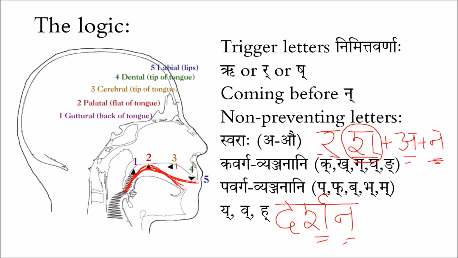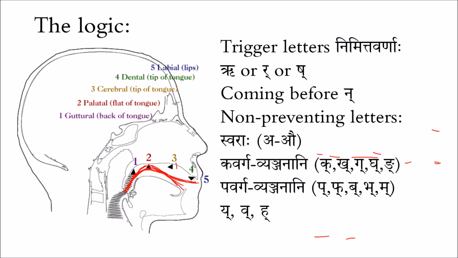Let's say murdna, another word where the na comes. We can write it like this, murdna. What is the order of the letters?